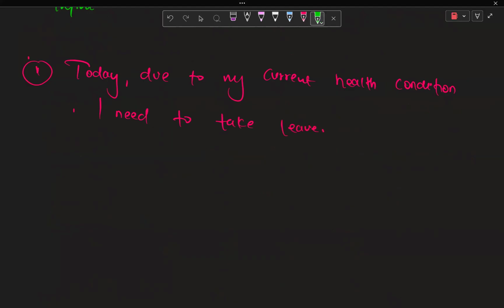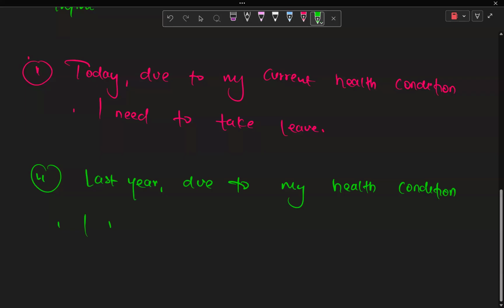Now, second statement: last year, due to my health condition, I had to take leave.